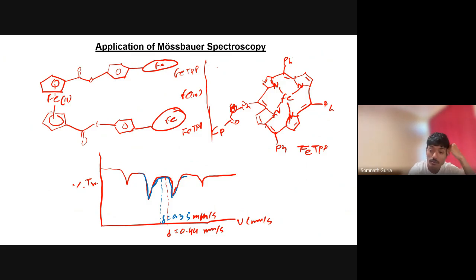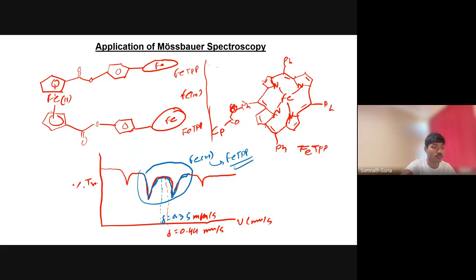That means the 0.3 millimeter per second is in the more negative direction. So that represents these two big blue lines, this line, indicating the iron Fe3, and this is for the FeTPP molecule.